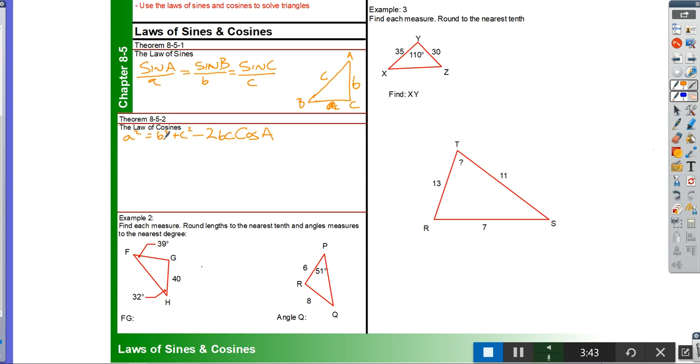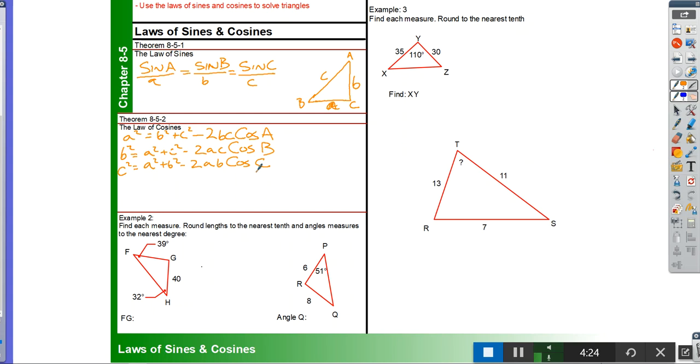So using that framework, that would also mean that side length B squared is equal to A squared plus C squared minus 2AC times the cosine of B. Well, that would also mean that the side length C squared is equal to A squared plus B squared minus 2AB times the cosine of C. And they all follow that rule where the missing side length is going to go with the cosine of the same letter.